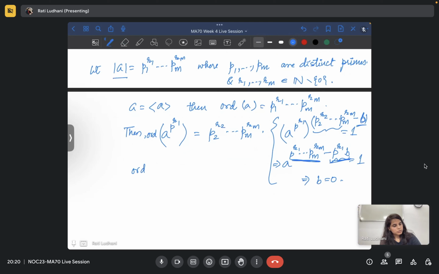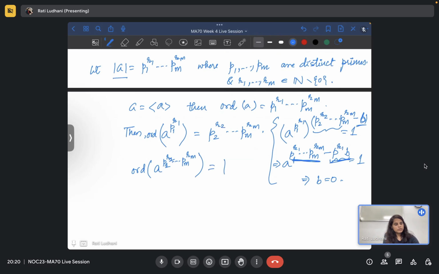Also, the order of a raised to power... now you take p2 raised to power r2 up to pm raised to power rm. What will be the order of this element? Sorry, it's just in powers. So a raised to power p1 raised to power r1, and I have taken a raised to power the remaining part.